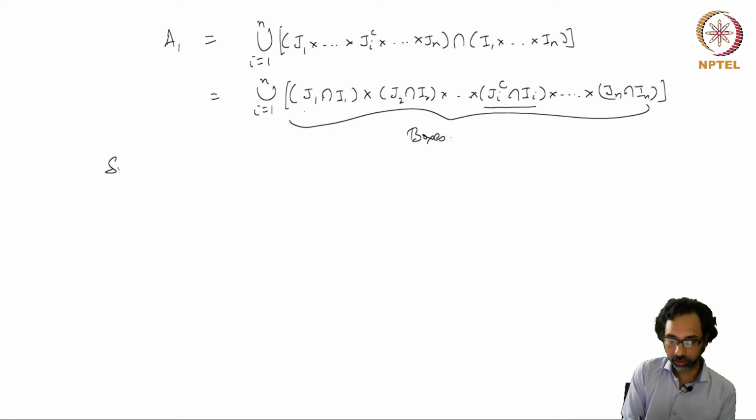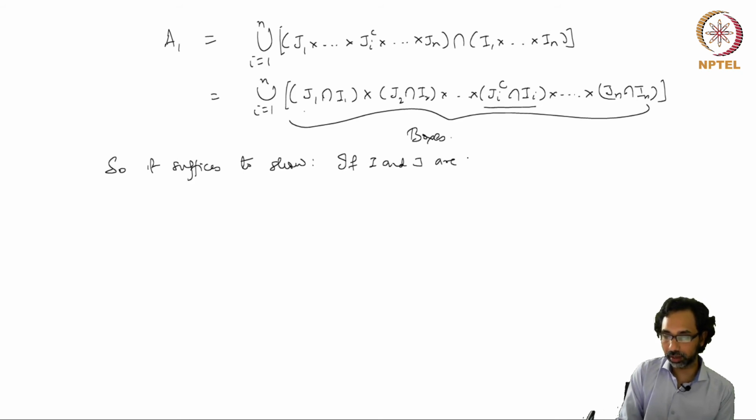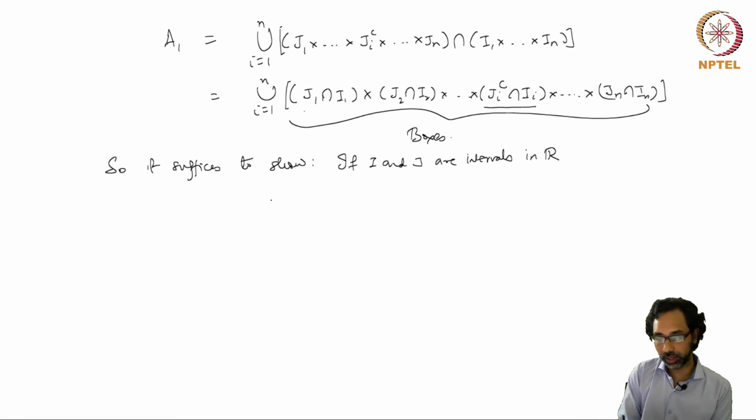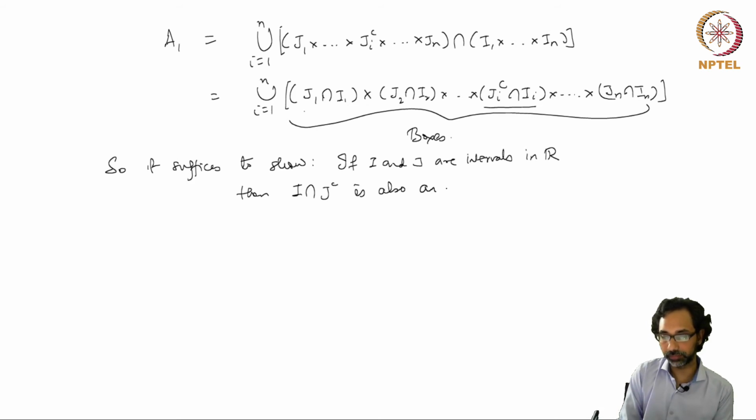So it suffices to show that if I and J are intervals in R, then I intersection J complement is also an interval.